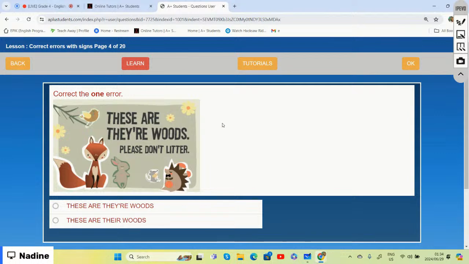Do we say option one, these are their woods, or option two, these are they're woods? We get the word there and there. We need to choose the correct one between there and there.